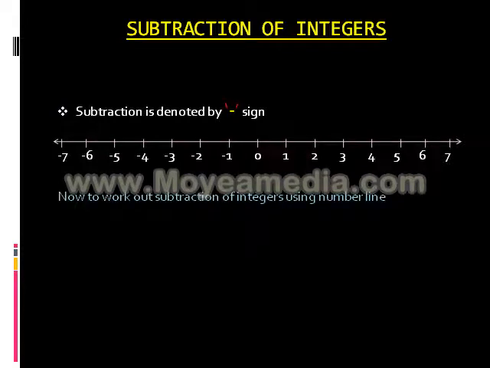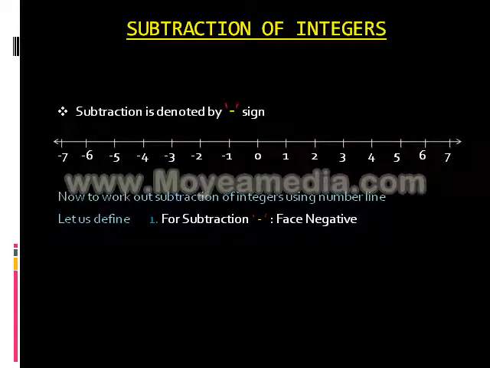Now to work out subtraction of integers using the number line, we set certain rules. Let us define subtraction by the negative sign, and you stand on the number line facing the negative side.